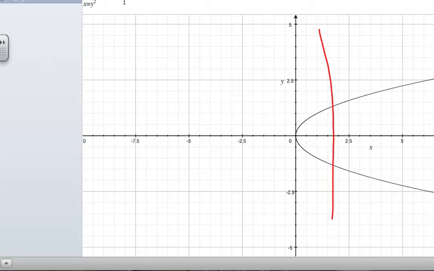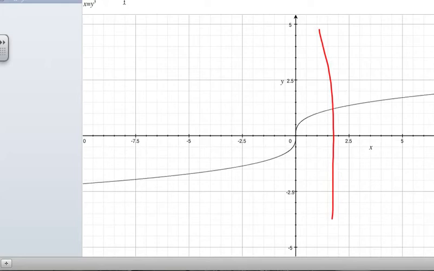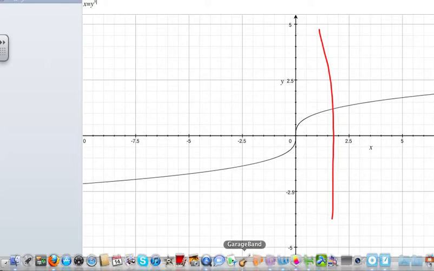So let's take a look at another one. x equals y cubed. All right, well this is different. And you'd be tempted at this point to say, okay, well, let's see what we got. It fails it here. Be careful. Zoom in on this before you look at it.